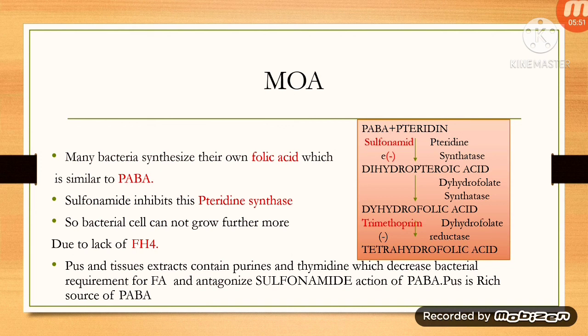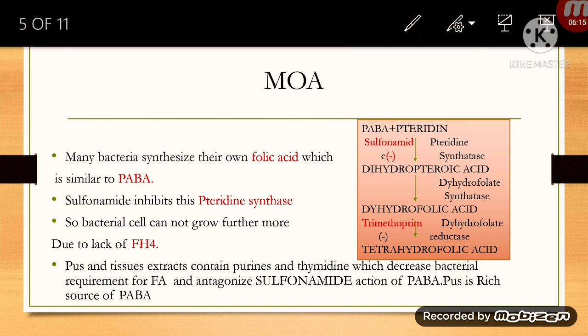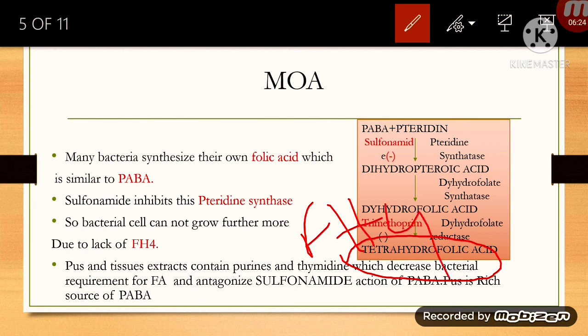The sulfonamide molecular structure is similar to PABA, para-aminobenzoic acid, which is needed by the bacterial organism as a substrate of the enzyme dihydropteroate synthase for the synthesis of tetrahydrofolic acid. Tetrahydrofolic acid is also known as FH4.